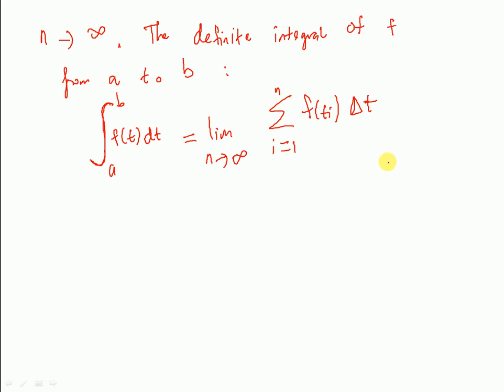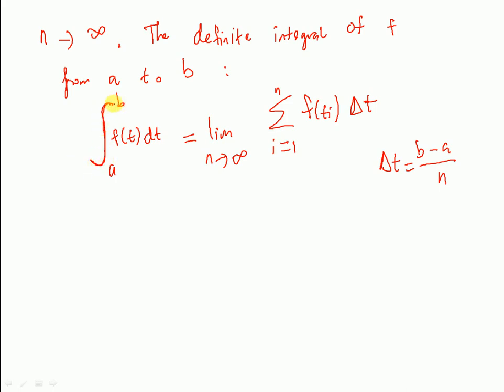Now again, delta t is just the right endpoint minus the left endpoint divided by the number of rectangles. So before, we were summing all the values together, but when we take the limit of this summation formula as n approaches infinity, we can rewrite the whole thing as the definite integral.